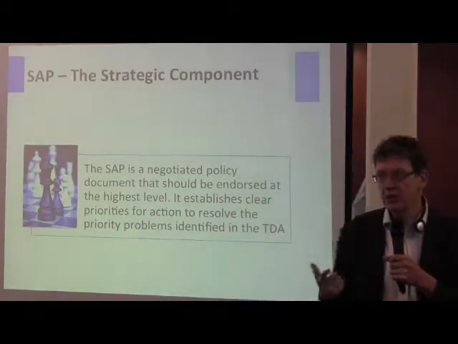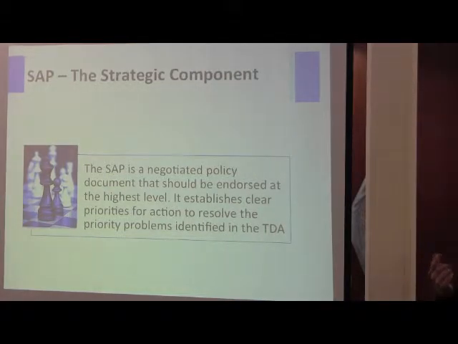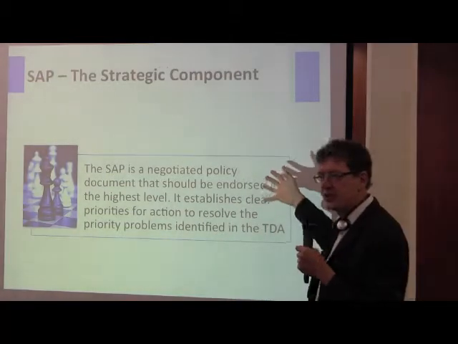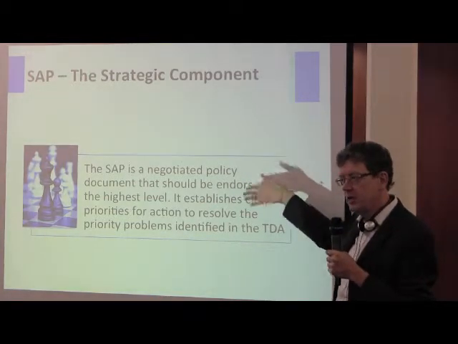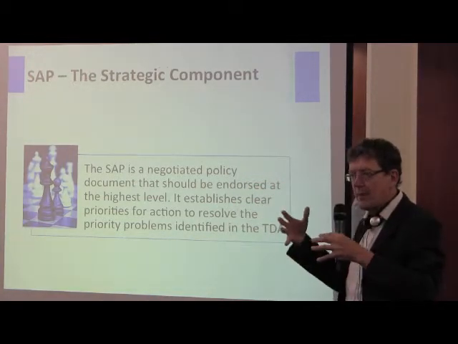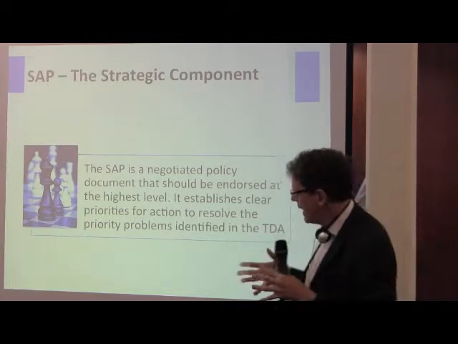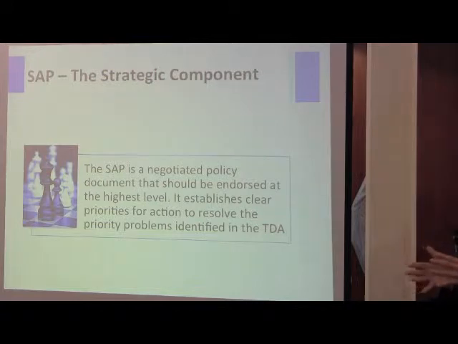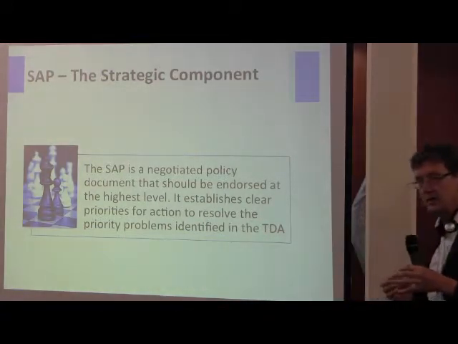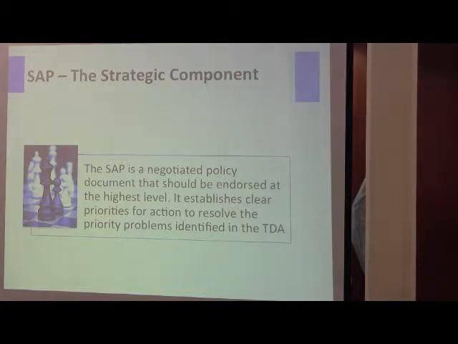A lot of this work is about prioritisation. What we're not trying to do in a SAP is just develop a wish list, a shopping list. What we're trying to do is initially come up with lots of ideas, but gradually squeeze them down to those ideas that are actually achievable, both financially, politically, technically, etc.